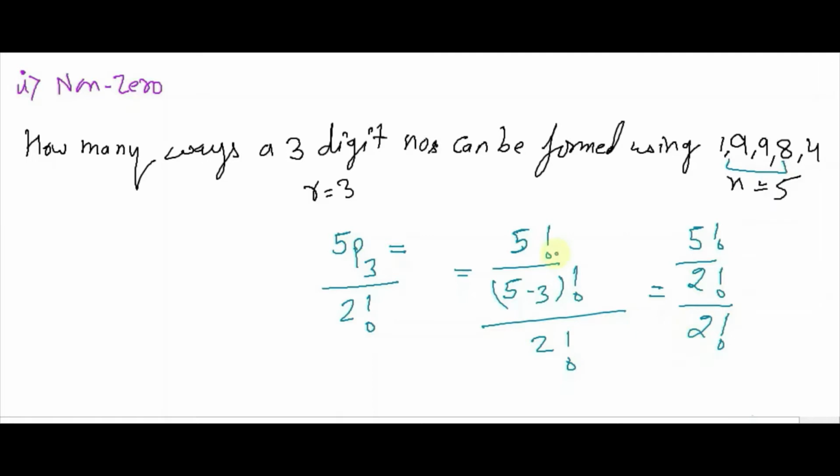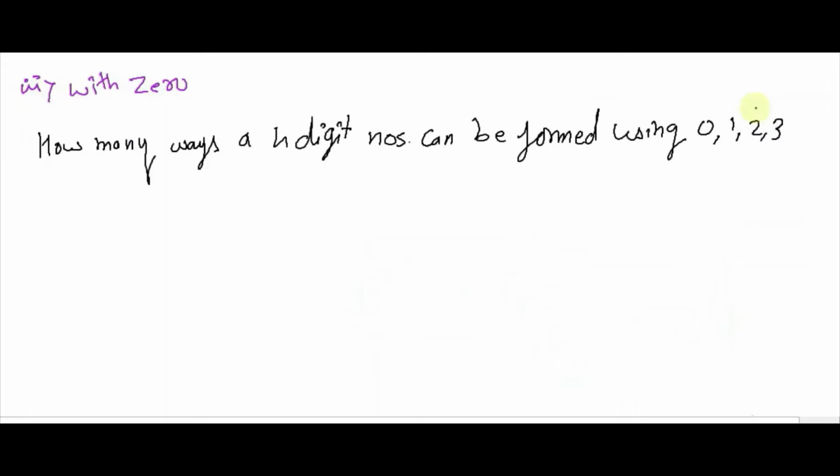Next, we will deal with the sums where 0 is in the question. Now let's take an example where 0 is included, and the question is in how many ways can a 4-digit number be formed using 0, 1, 2 and 3. Here the number of digits is 4, meaning n is equal to 4, and the number of places, meaning spaces, is r equal to 4. Now let's consider 3 in the first place.